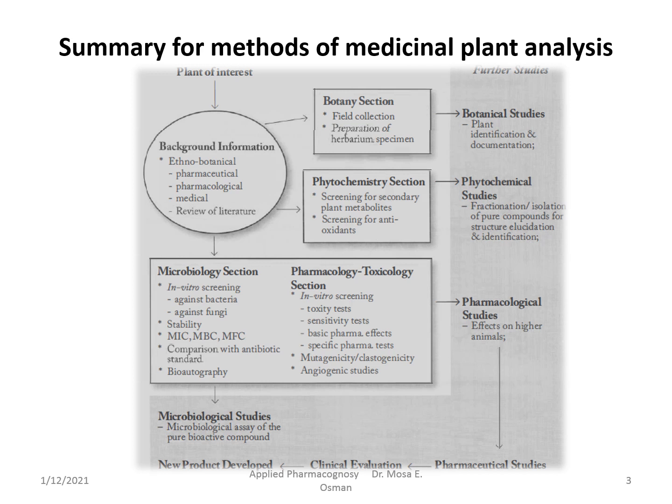Finally, we end with a new product or new drug product. So we can summarize these steps in the following groups: botanical methods, phytochemical methods, biological methods, which include pharmacology, toxicology, and microbiology, pharmaceutical studies, clinical studies as final steps.